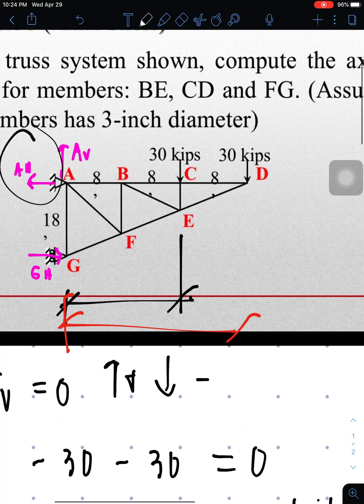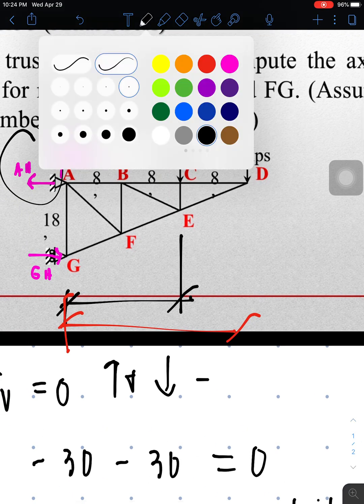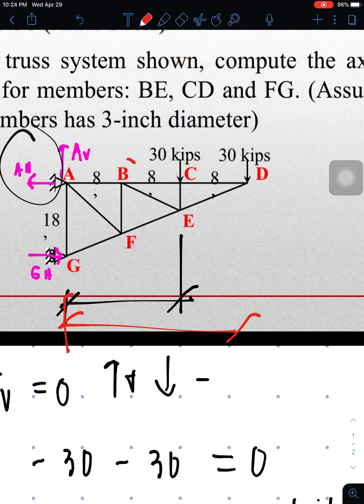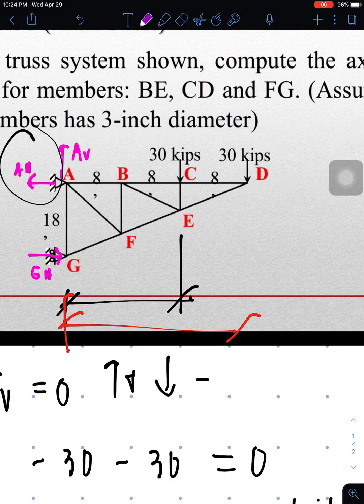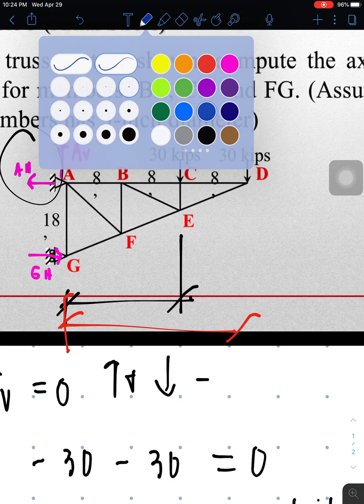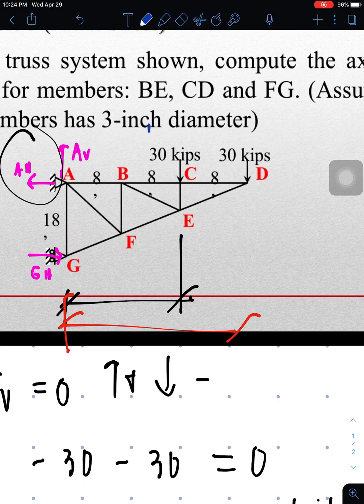So what are we going to do next? Since we're going to solve for this one, BE, what we will do is cut through the segment, cutting it here, and consider the right side.